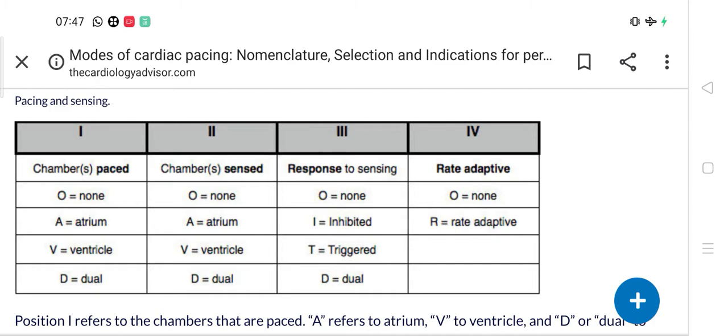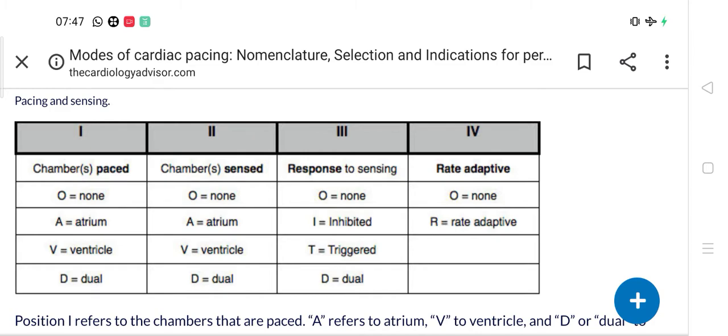So if the pacemaker lead is in the atrium and the atrium is having depolarization, then that chamber is being sensed by the generator, and with I as the response to sensing, the inhibition of atrial pacing will happen.